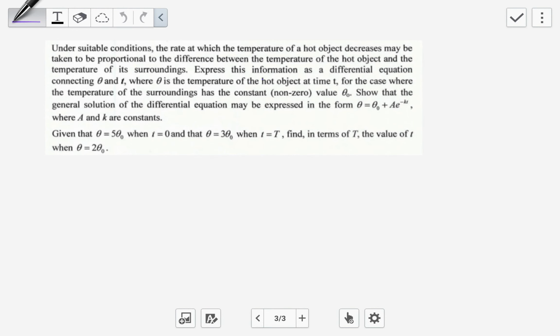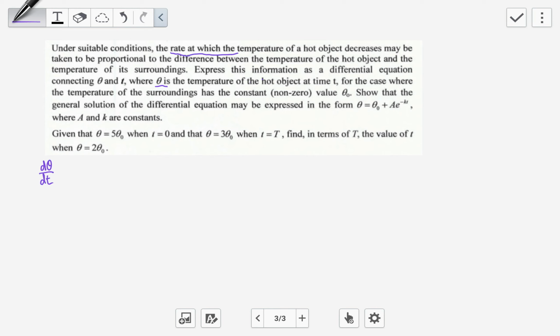So under suitable conditions, the rate at which the temperature of a hot object decreases may be taken to be proportional to the difference between the temperature of the hot object and the temperature of its surroundings. So theta is the temperature of the hot object. In other words, the rate at which the temperature of the hot object decreases is just d theta dt.